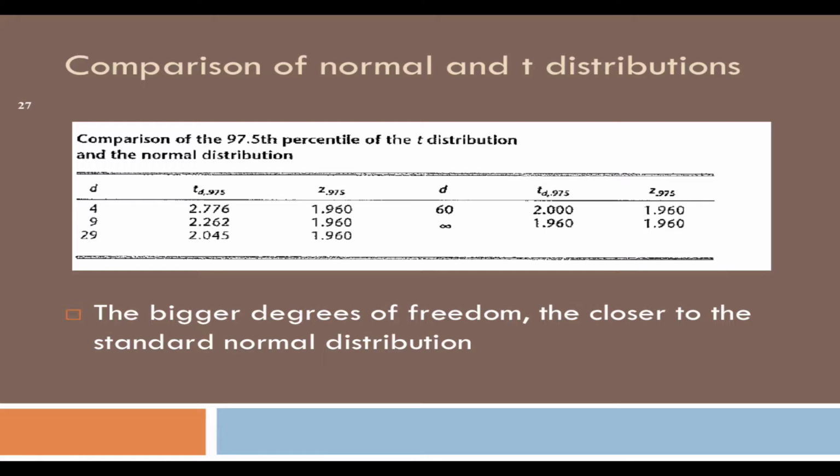So this t 29, 1 minus 2.5 over 2, this value should equal, refer to your table right here, 2.045.